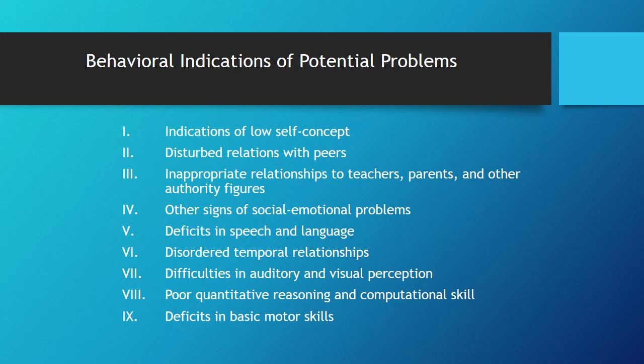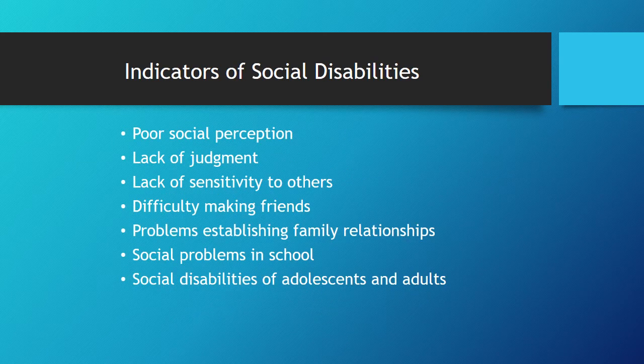Other signs of emotional problems may be emotional outbursts or throwing tantrums, deficits in speech and language, and difficulty in expressive language. There may be disordered temporal relationships, that is, relationships that do not last long, difficulties in auditory and visual perception, and poor quantitative reasoning and computational skills. There may also be deficits in basic motor skills or movements. Here we have a list of indicators of social disability.